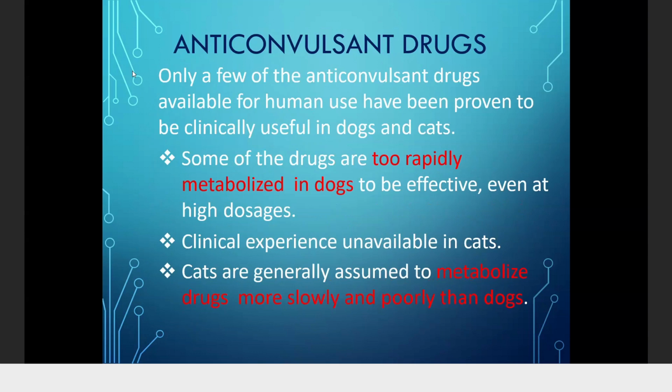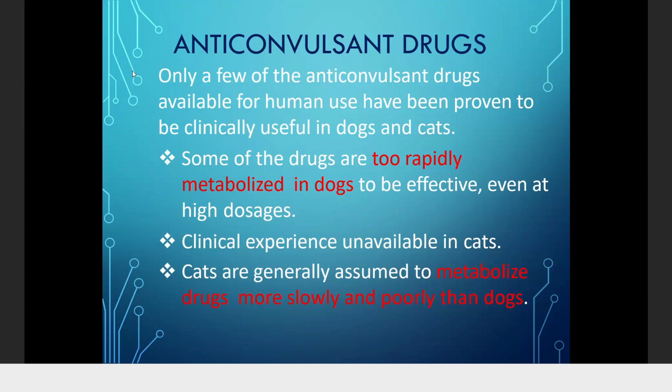So the anticonvulsant drugs, yeah, there are very few available for human use, and also not many for veterinary use, but some of the human formulations have been proven to be clinically useful in dogs and cats.